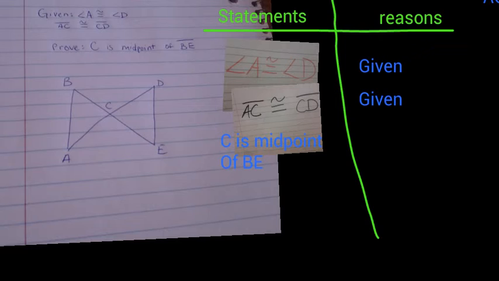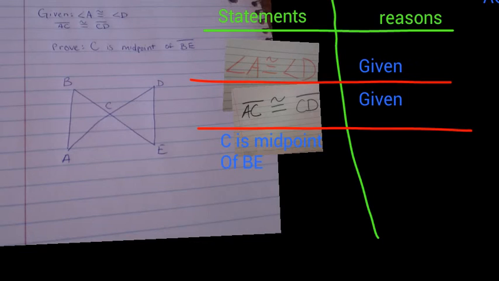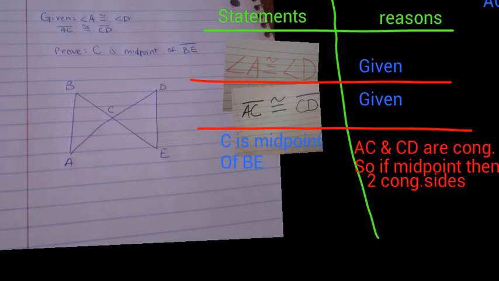So if C is the midpoint, then two congruent sides. So your reason would be sides AC and CD are congruent sides, so if midpoint, then two congruent sides.